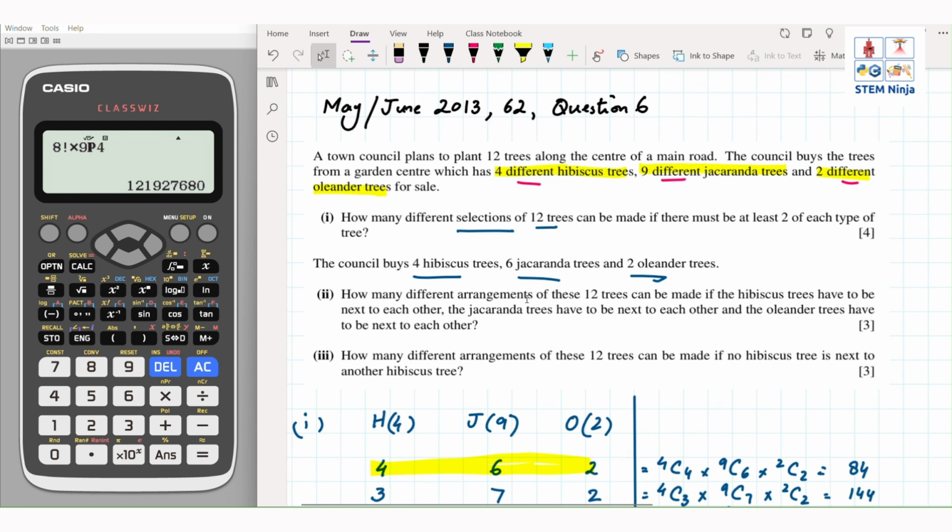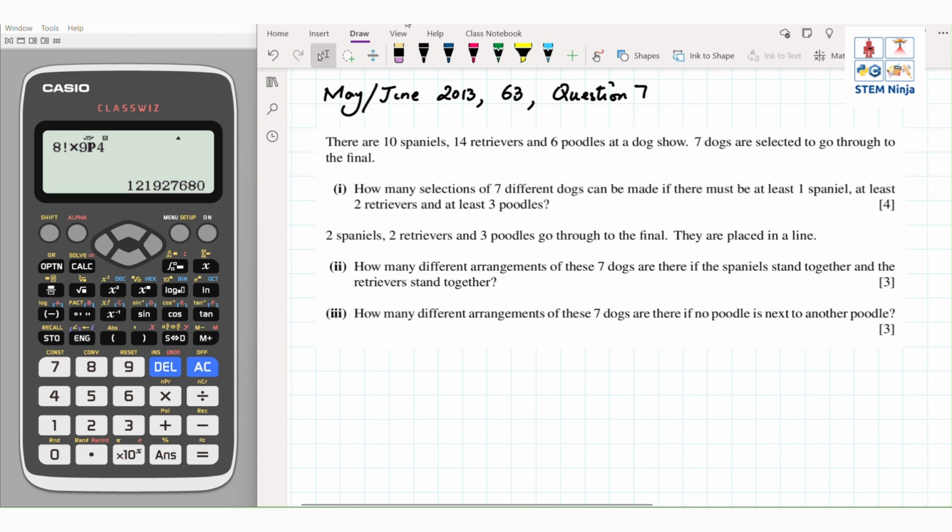All right, so now let's see the 6-3 variant. Okay, so let's see this. There are 10 spaniels, 14 retrievers, and 6 poodles at a dog show. 7 dogs are selected, that means the combination, to go through the final. How many selections of 7 different dogs can be made if there must be at least 1 spaniel, at least 2 retrievers, and at least 3 poodles?